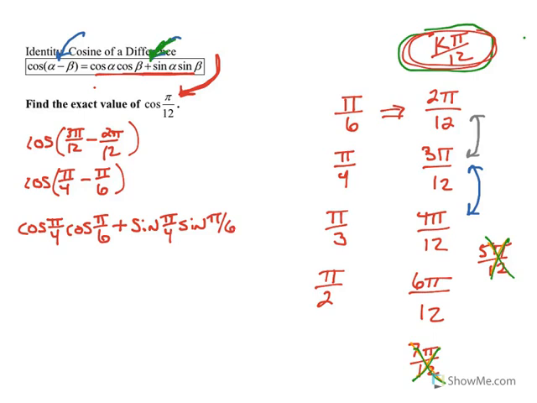And then from here we just want to evaluate. So a cosine ratio at pi over 4, that is a 45, 45, 90, so it's going to be radical 2 over 2, times the cosine ratio at pi over 6, that is a 1, radical 3, 2 triangle, and your x to r ratio is going to be radical 3 over 2.